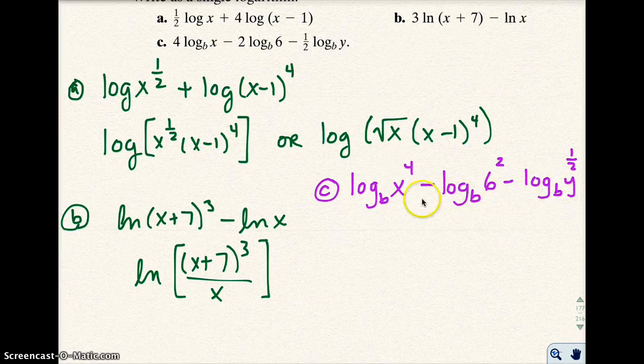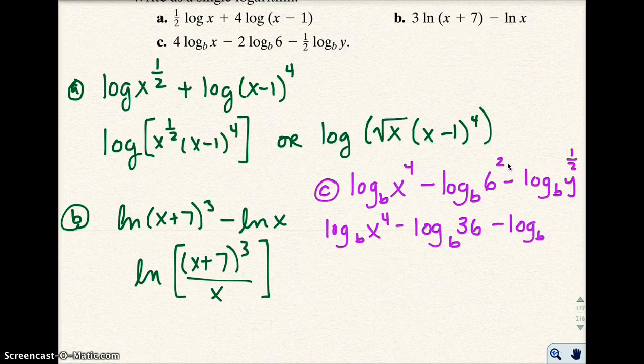And again, make sure these are log base b throughout all your terms. Okay, this right here can be changed to 36. So I get log base b of x to the 4th minus log base b of 36 minus log base b of y to the 1/2.